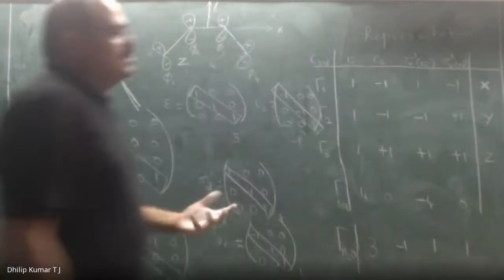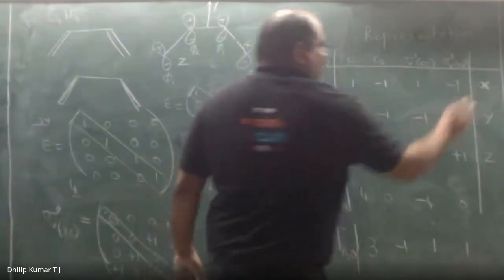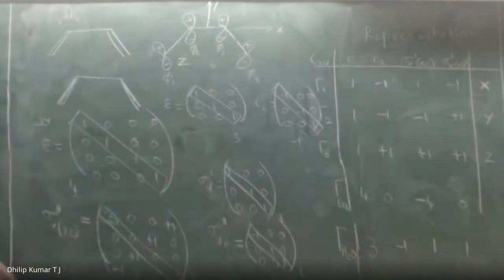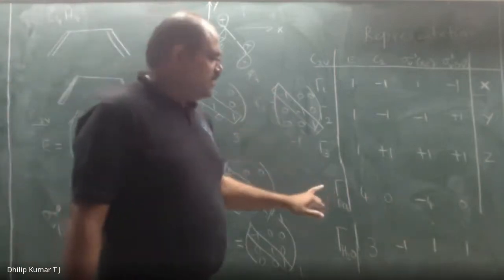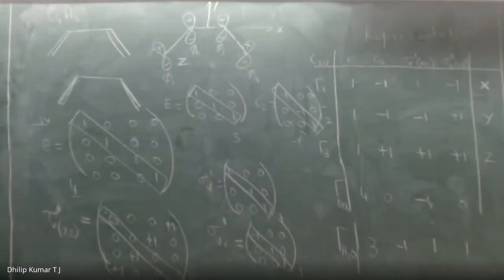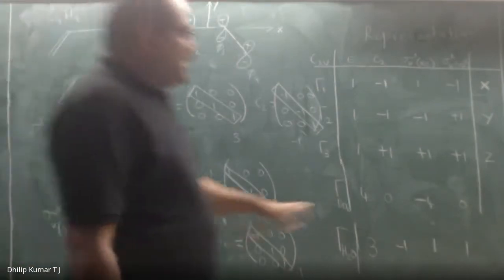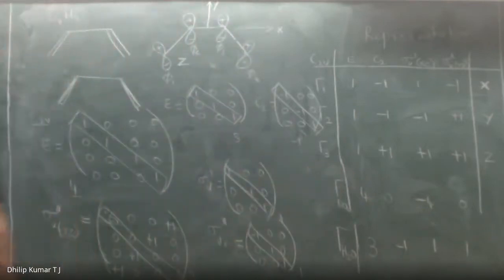So that is an irreducible representation, and we know what the basis for it is. For x basis, these are the characters. For y basis, it's 1, minus 1, minus 1, 1, and z basis it is 1, 1, 1, 1, all symmetric. But when you add the matrix diagonal elements, find the trace of it, and then write it in the character table, this is called a reducible representation.